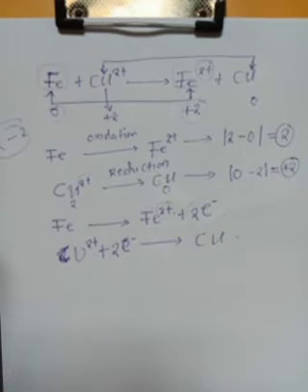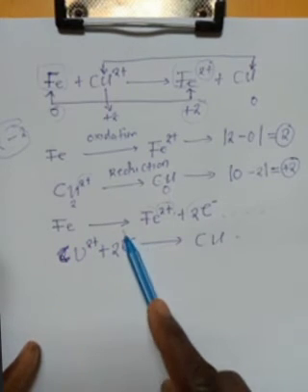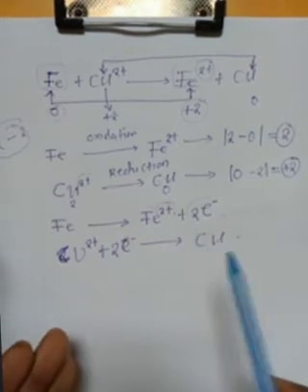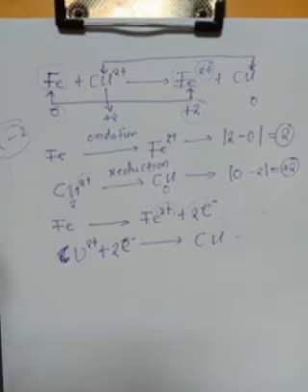This is when you have to combine the two half reactions. How would you combine? You say this plus these ones that are on the reactant side. Then those things that are common on the reactant side and the product side, you cancel them out.